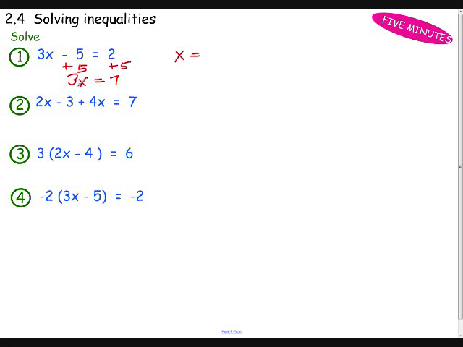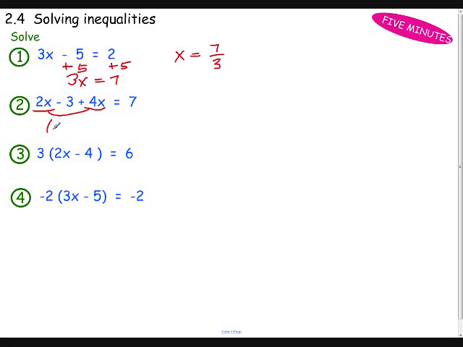We're using the multiplication property, which tells us that we can multiply both sides by the same thing and it will keep the equation true. So we're going to multiply by 1/3, which gives us 7/3.